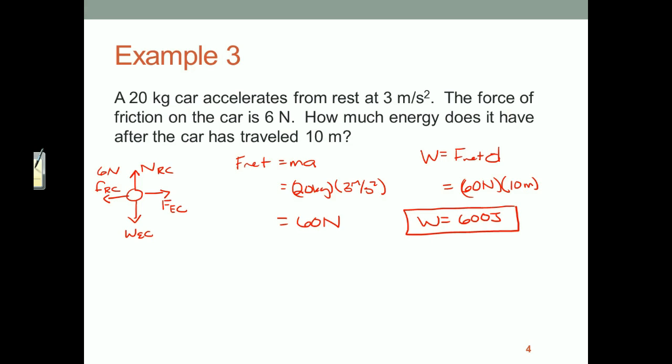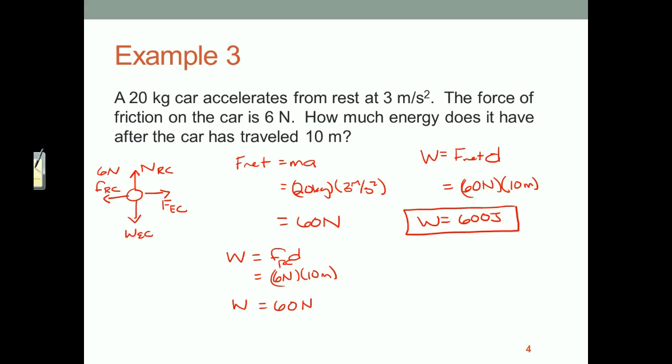I could also ask, though I didn't here, how much work is done by the force of friction? Well, the work due to the friction is the force of friction multiplied by the distance, which is 6 newtons times 10 meters, or 60 joules.